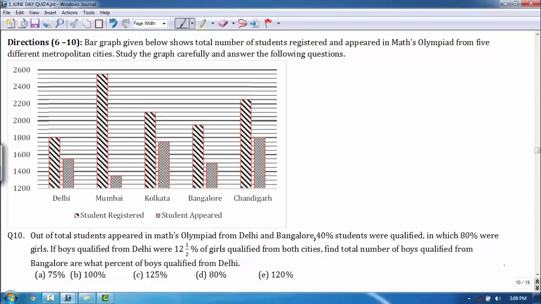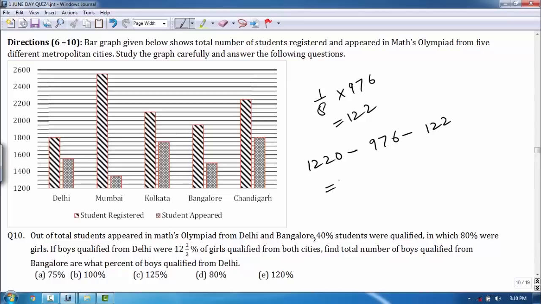Now the total number of boys who qualified from Delhi will be 1 by 8 into 976. So that will be equal to 122. Now the boys who qualified from Bangalore will be 1220, that is the total number of students who qualified from Delhi and Bangalore both, minus 976, that is the total number of girls who qualified from both the cities, minus 122, that is the number of boys who qualified from Delhi.